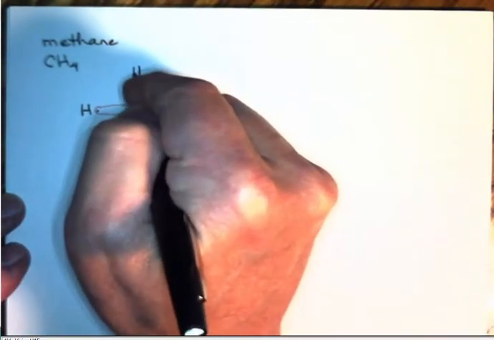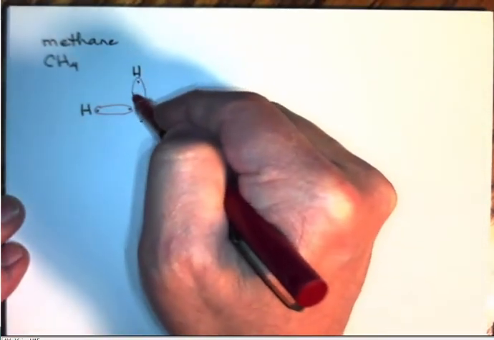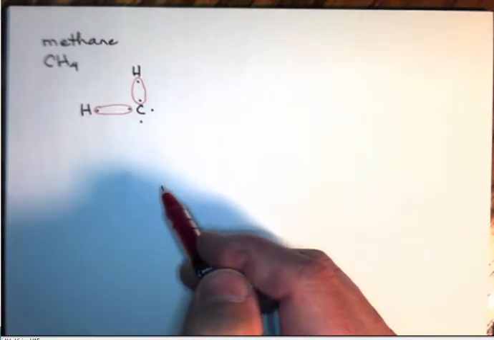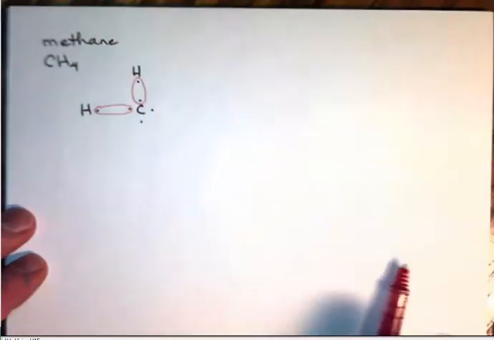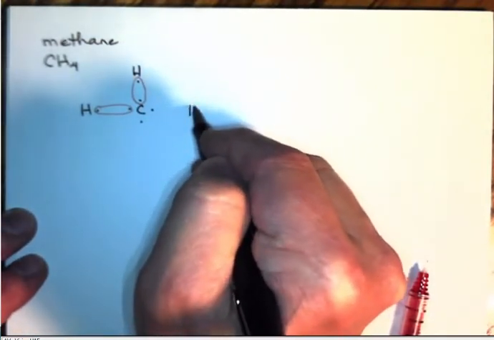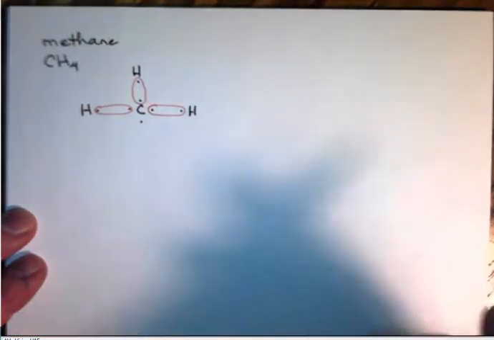Just saying. All right, so hydrogens can only bond one time. They can only share one electron. Carbon needs to share as many times as it can in order to get up to that 8 electrons. So far I've got 6 electrons for the carbon. This will be the 7th one, and each of these hydrogens are getting 1 extra electron. They're sharing one time to have 2 electrons.